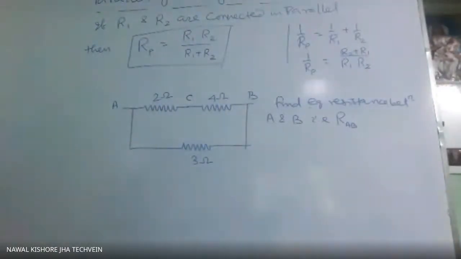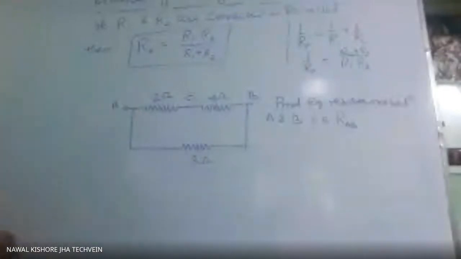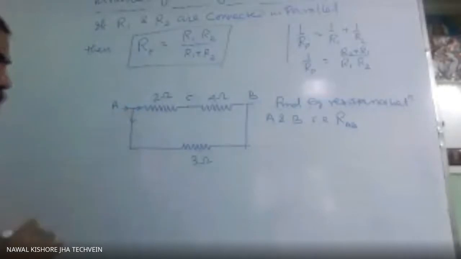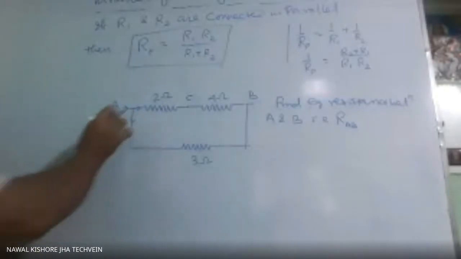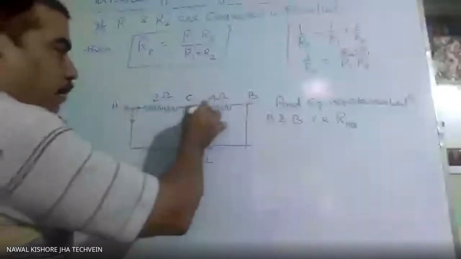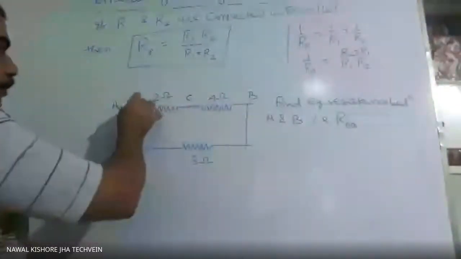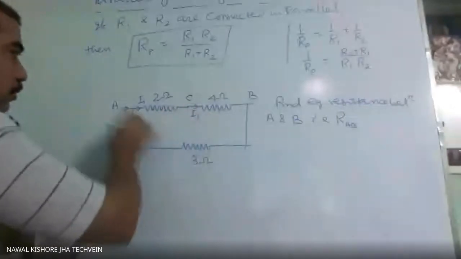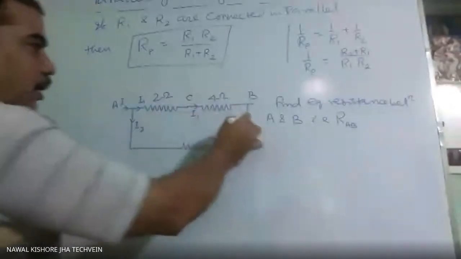Then how do you find it? Now, whatever current is starting from point A, some current will go this way, some current will come this way. Whatever current is passing through 2 ohm, the same current will pass through 4 ohm. If this is I1, this will also be I1. And here it will join.